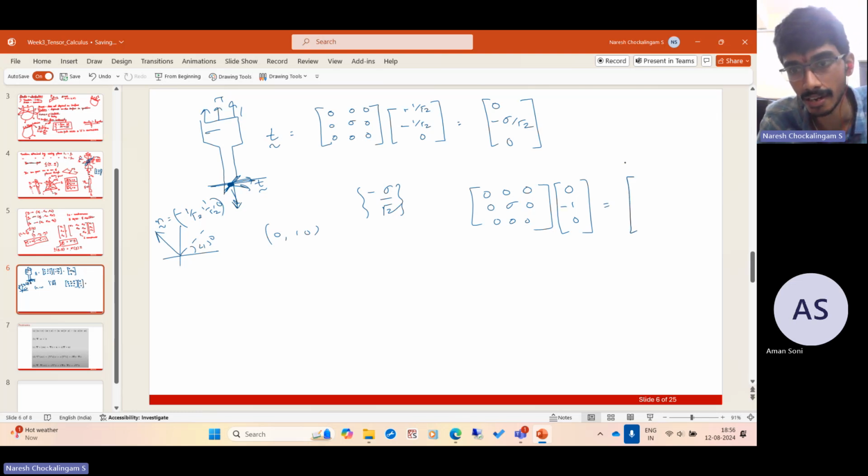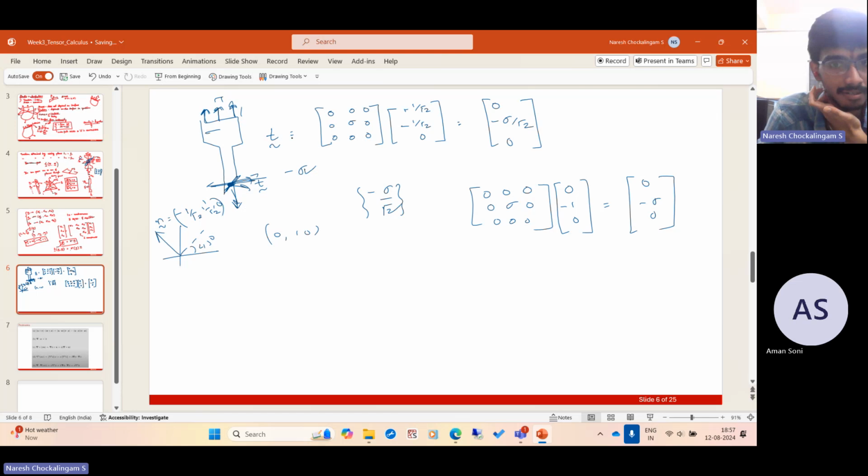So this has components 0, minus sigma, 0. Again, consistent with what we would expect, the force intensity at this point through a horizontal plane is minus sigma, which is in the negative y direction. That is what is required to counteract this external upward force.